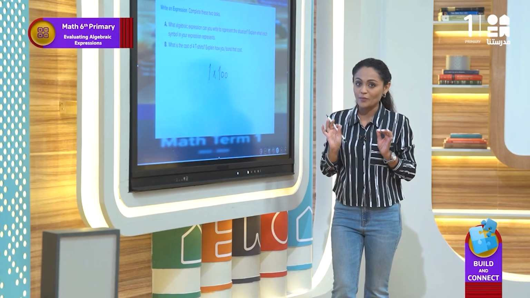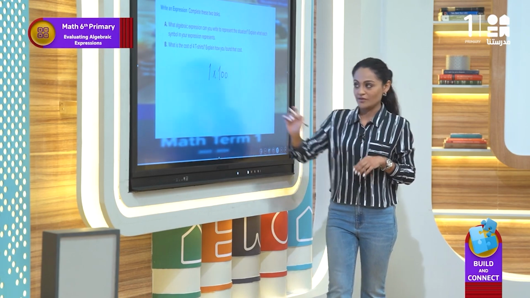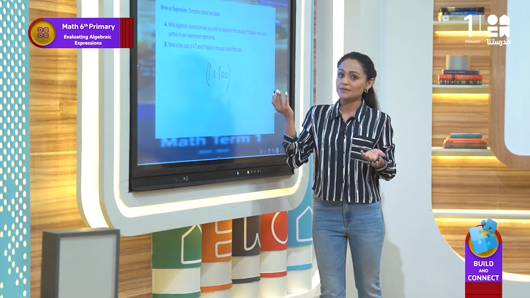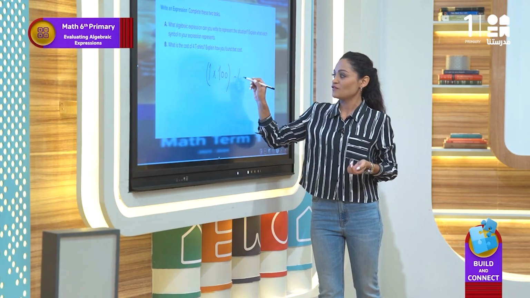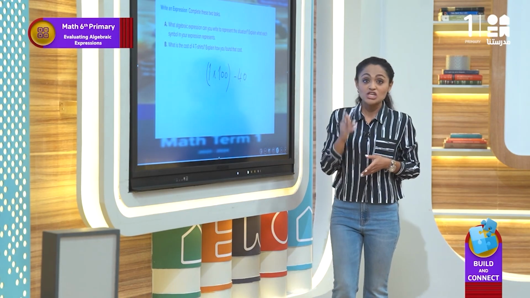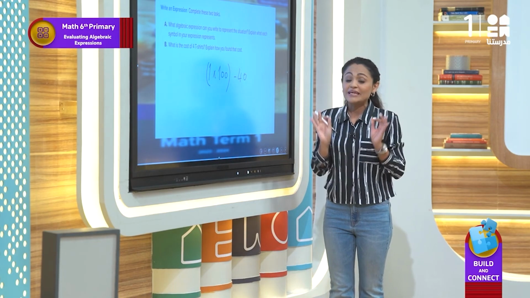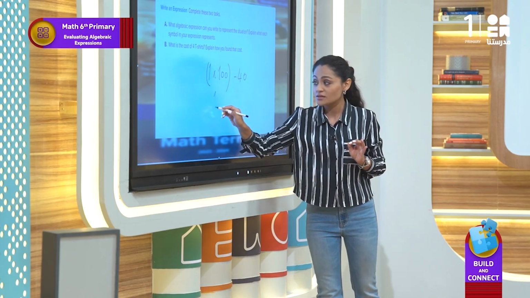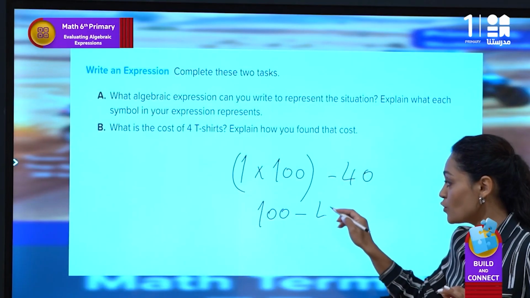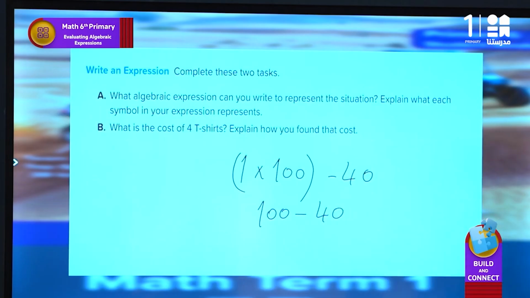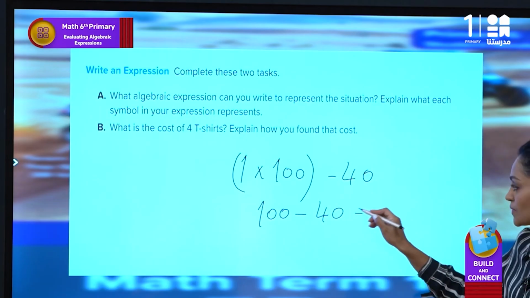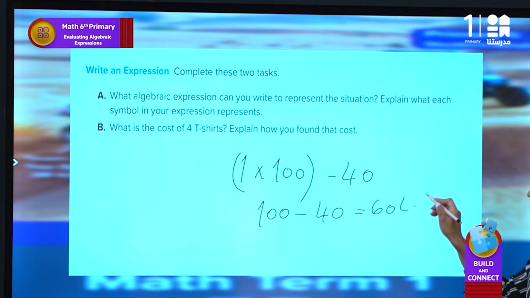And subtract from it the value of the coupon, right? Which is how many? Exactly, 40 LE. So the cost will be 100 minus 40, right? It equals 60 LE.